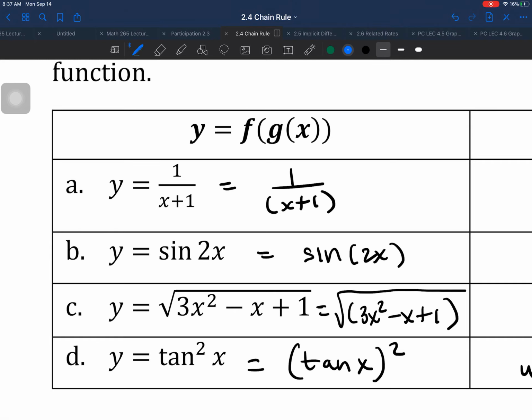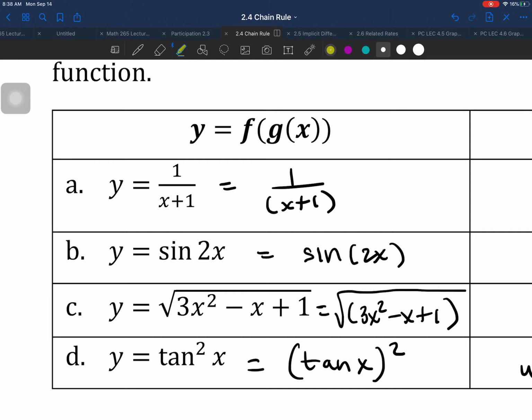A lot of the problem in this class is recognizing which rule is needed. So how do you know which rule is needed? Well, you have to know that you're multiplying two functions, or dividing two functions, or you have a power function, or, in this case, a composite function, a function inside a function, right?